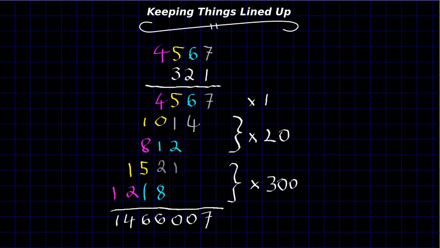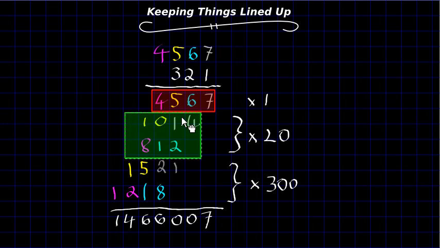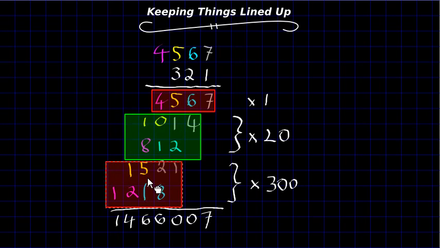It really pays to think about these things in groups. By that, I mean this is the by ones group, this is the by 20 group, and this is the by 300 group. Each of these is associated with one of the digits in the lower factor.